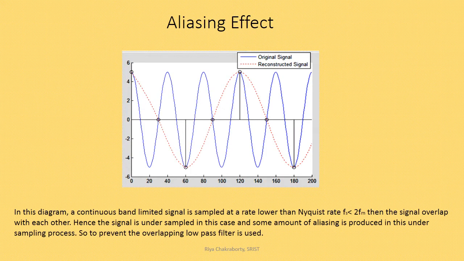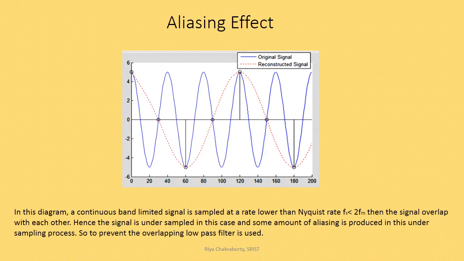In this diagram, you see that the signals are overlapping with each other. A continuous band limited signal is sampled at a rate lower than the Nyquist rate, that is fs less than 2fm. Then the signals overlap with each other. Hence, the signal is undersampled in this case, and some amount of aliasing is produced in this undersampling process.